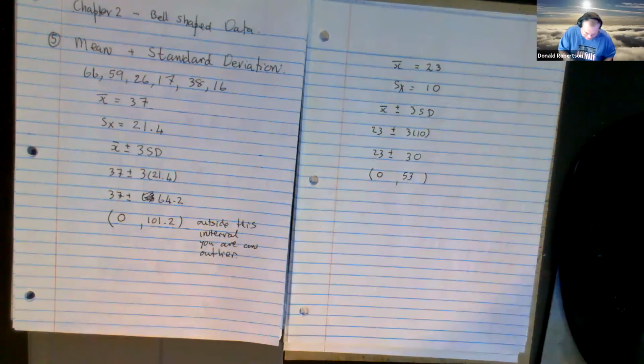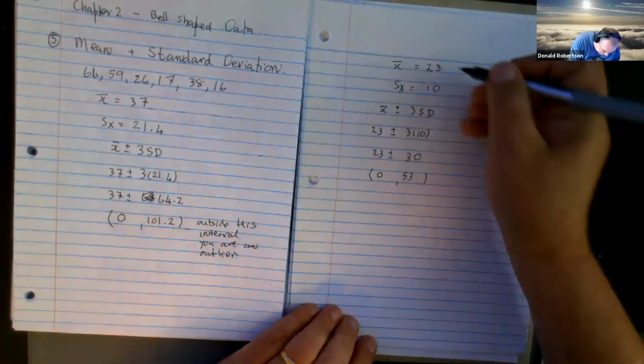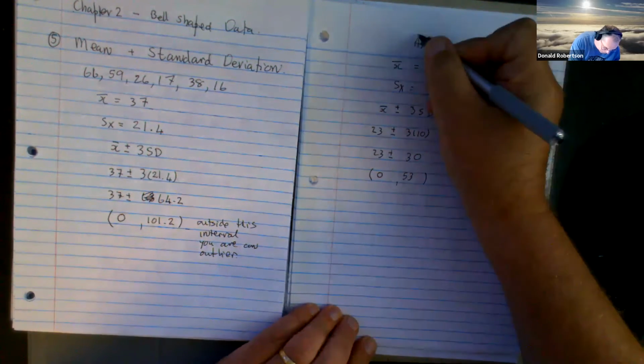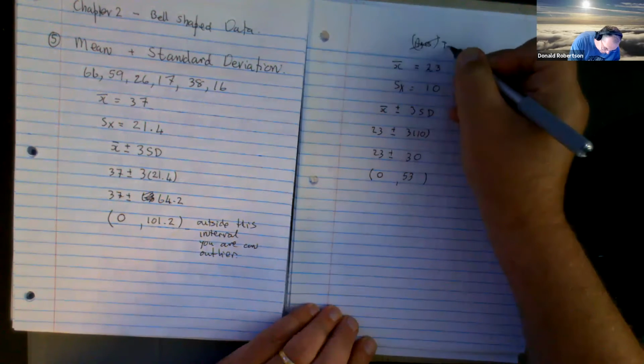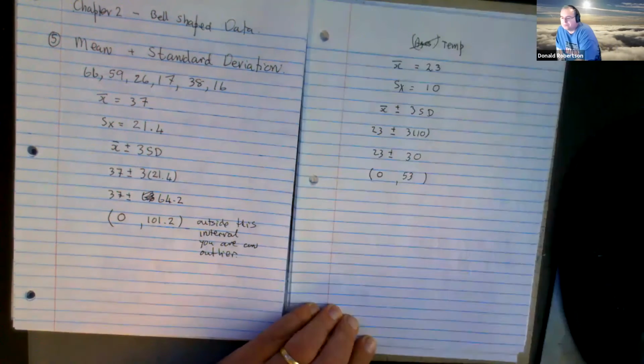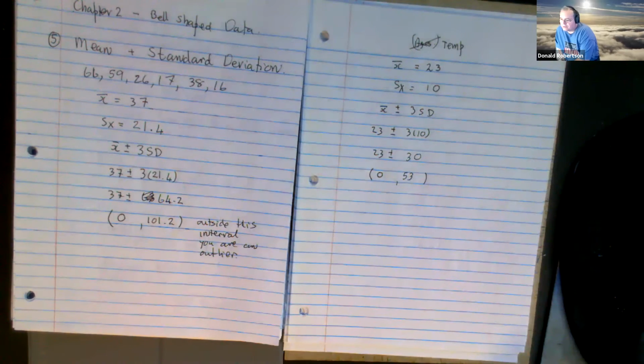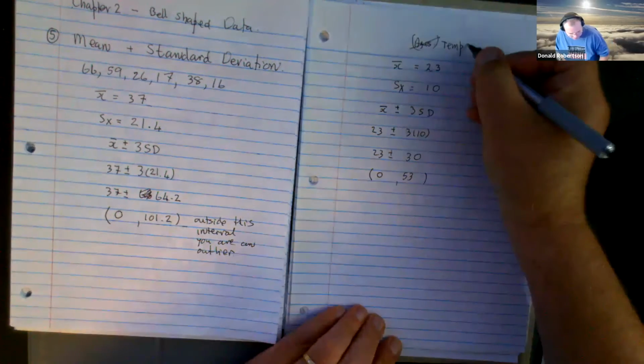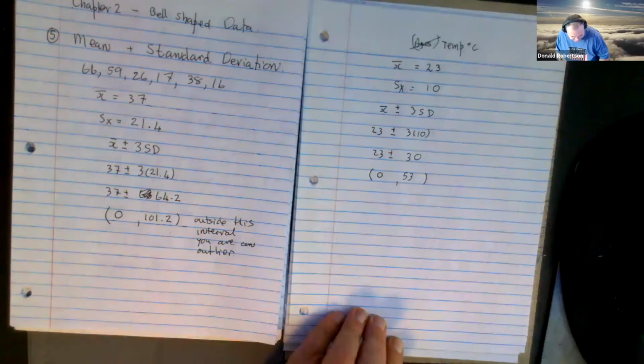Now, same data, but instead of being ages, which is what it was the first time, I want you to imagine that this was the temperature of some place, probably in centigrade. Well, same calculation all the way down to here.